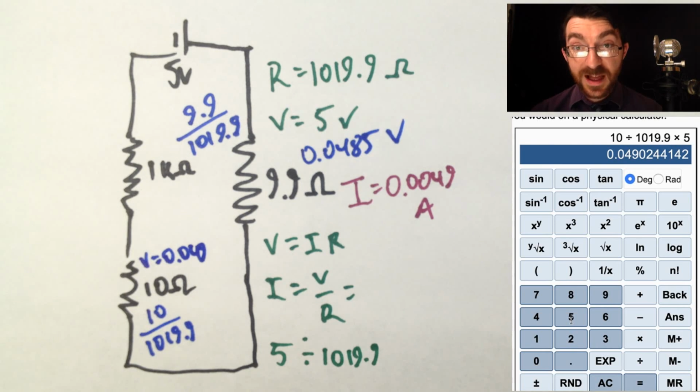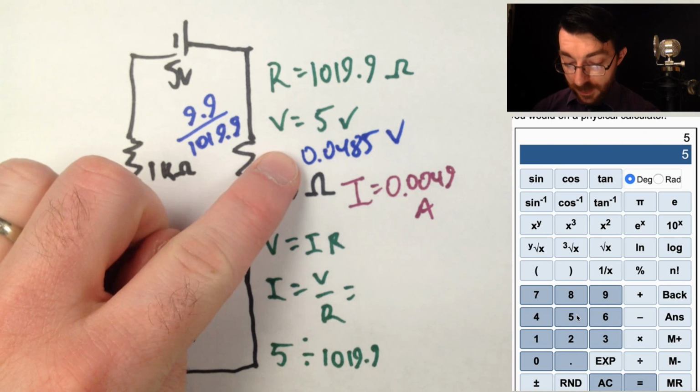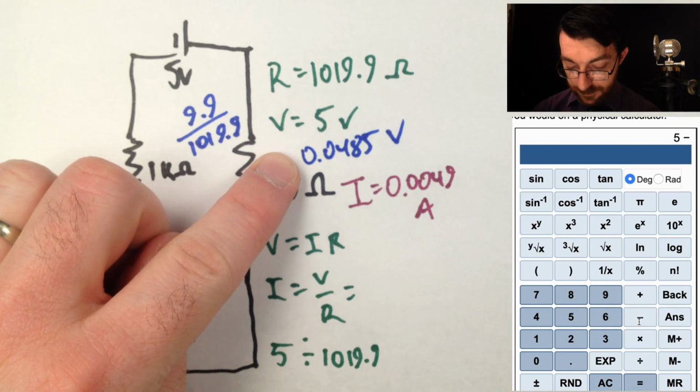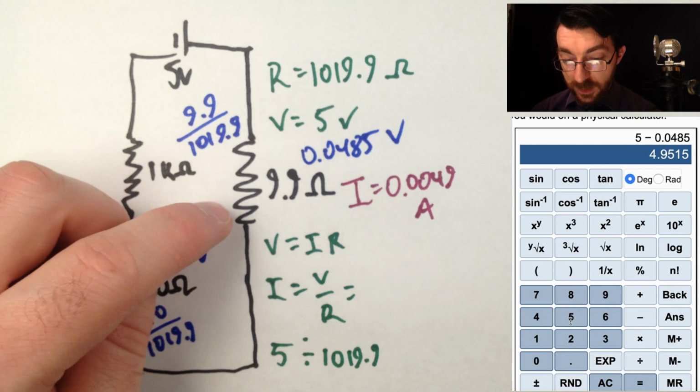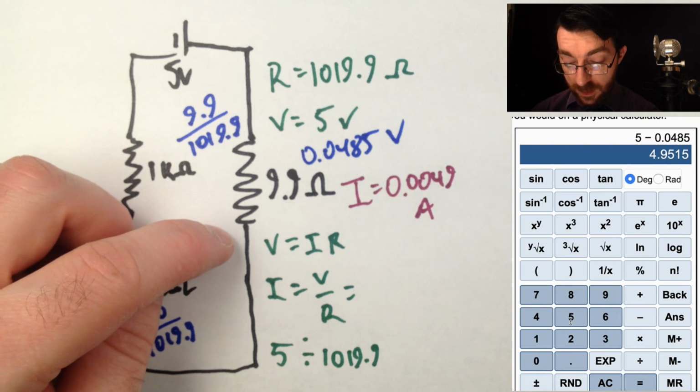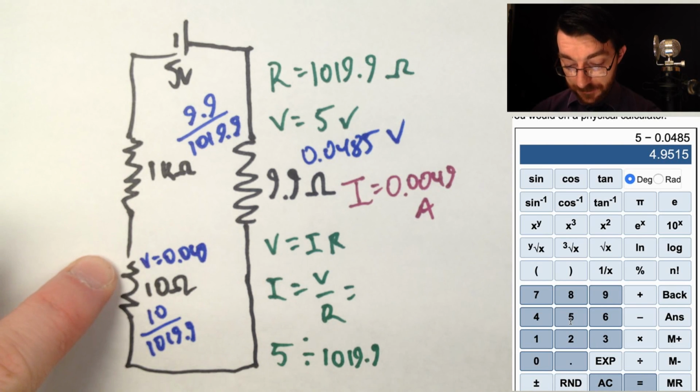How much voltage is left? We started with 5 volts in the battery. We lost this much here, minus 0.0485. We've only got 4.9515 volts left. Then we go through this resistor.